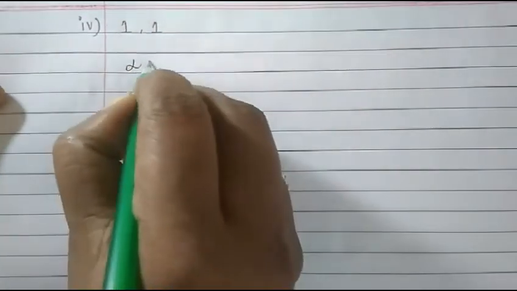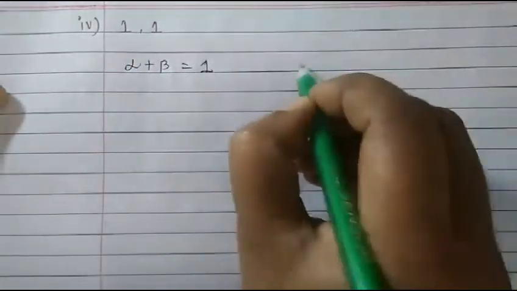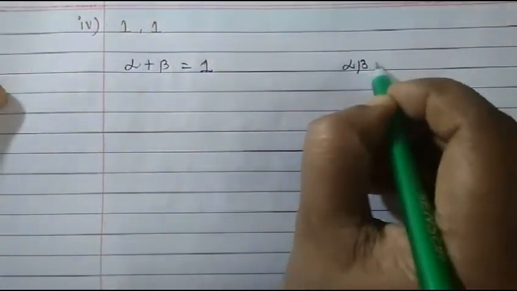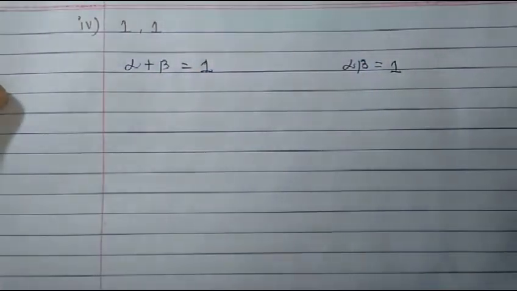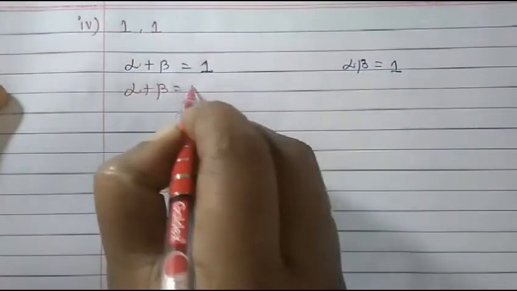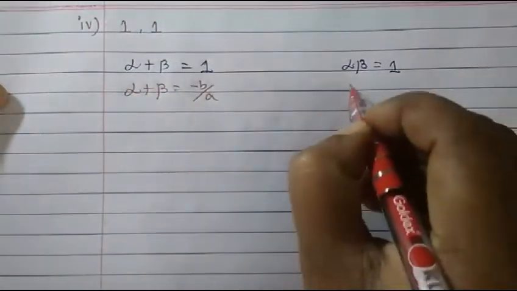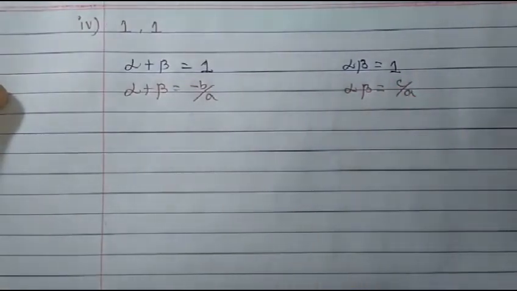In the assuming method, the sum of the zeros is 1, and the product of the zeros is 1. We know that the sum of the zeros is minus b upon a, and the product of the zeros is c upon a.